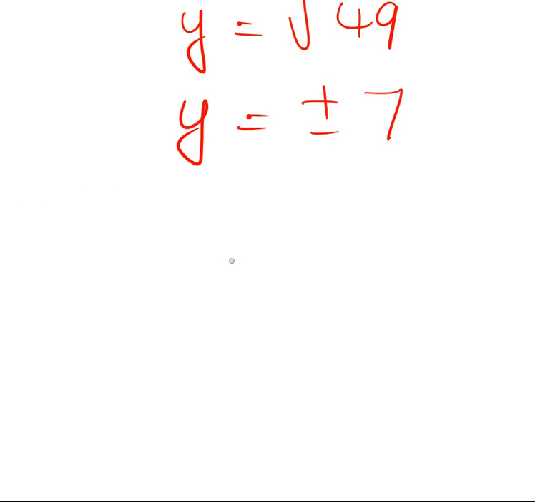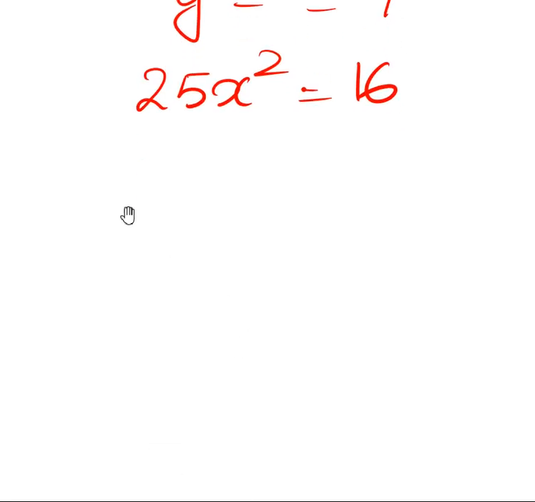Okay, suppose the question is like 25x square is equal to 16. How can we solve this? We need x square alone on one side, then only we can solve it. So we can divide both sides by 25. Then we will get x square is equal to 16 divided by 25.